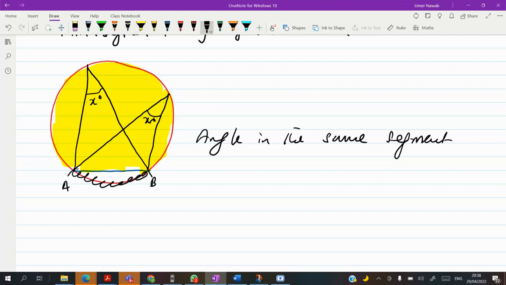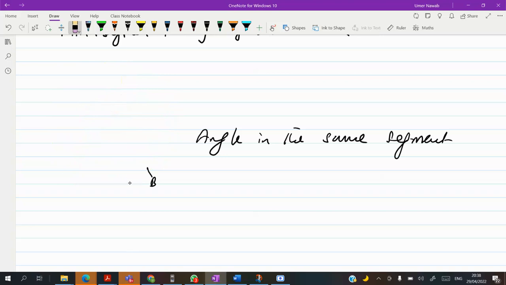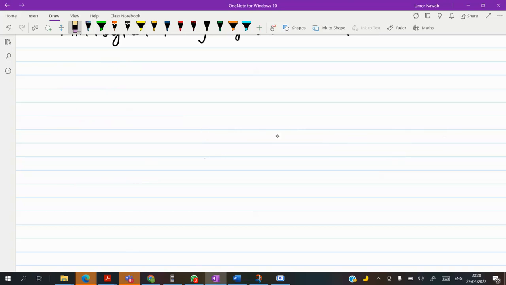I can make more angles. I can join them here. I can join them here. So these angles are all the same. So, angle in the same segment.